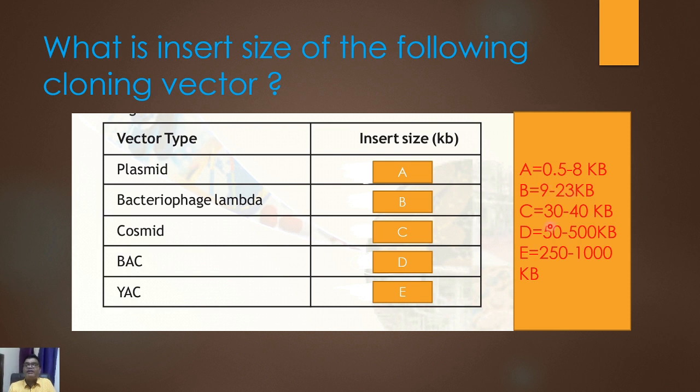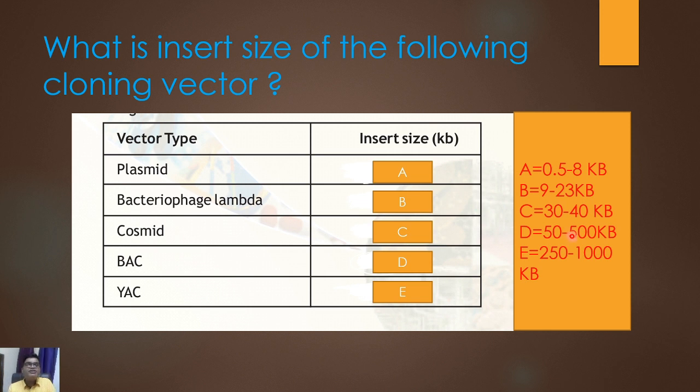And what vector you will select for cloning of 35 kb? So you must remember the range. Only then can you answer the 1 mark or 2 marks question. So we select the cosmid, as the range of cosmid is 30 to 40 kb. Next, what vector do you select for cloning of 50 kb, 100 kb, or 240 kb?